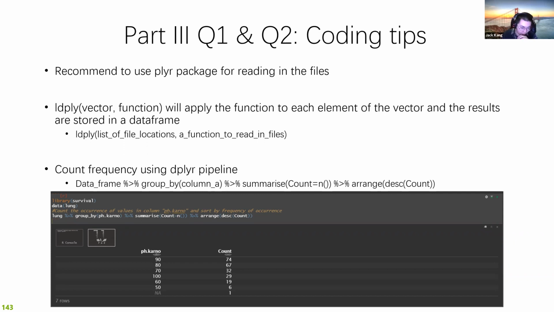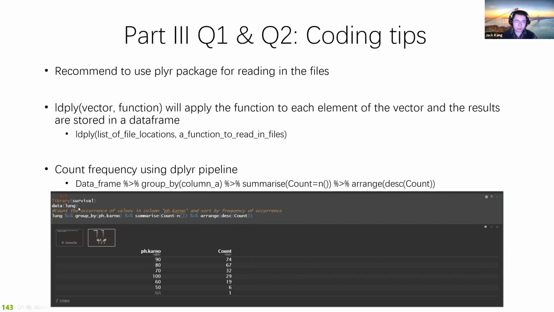And to count frequency, I recommend using the dplyr pipeline. You can give it a data frame and then use this pipe symbol, which means the output of whatever command before it is used as the input for the next command. In this way, it saves you a lot of intermediate variables.